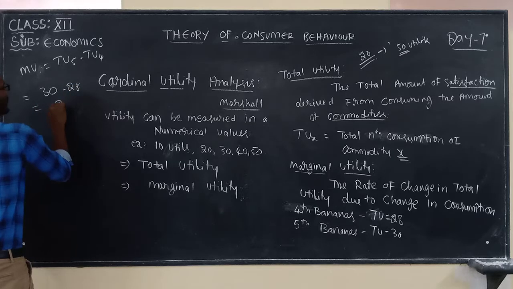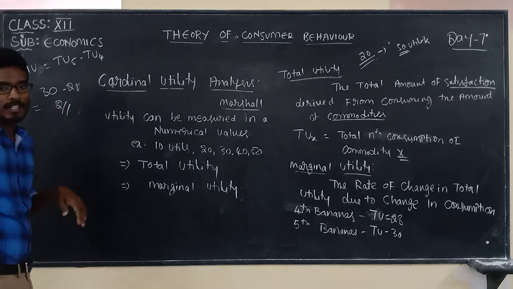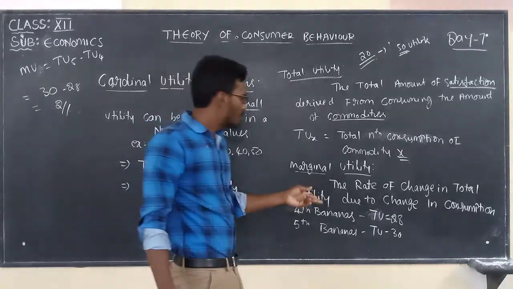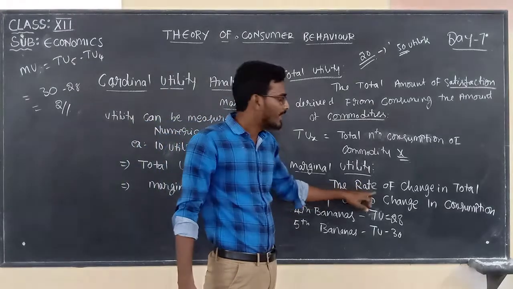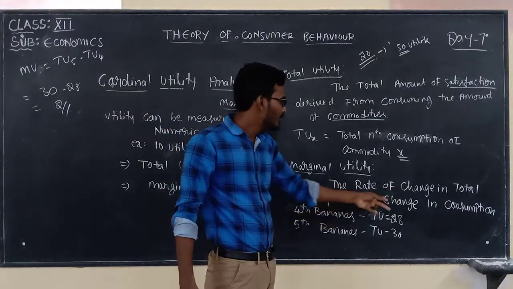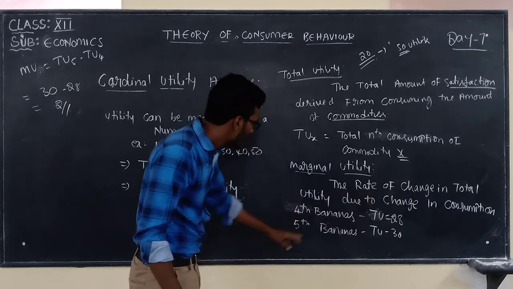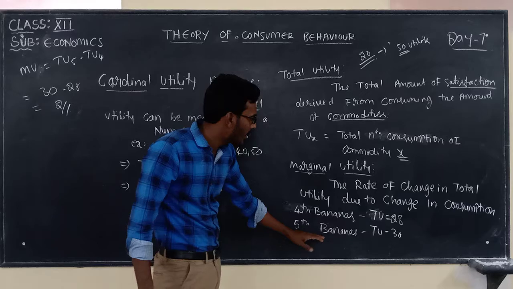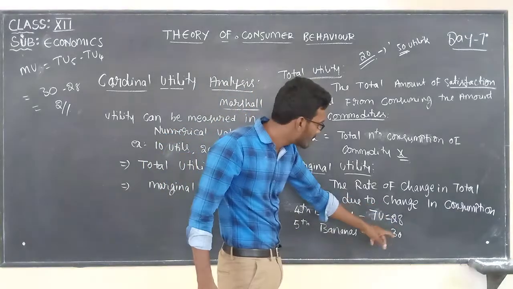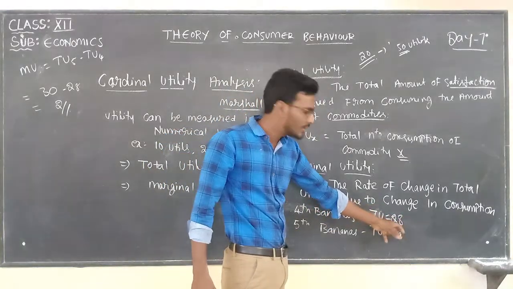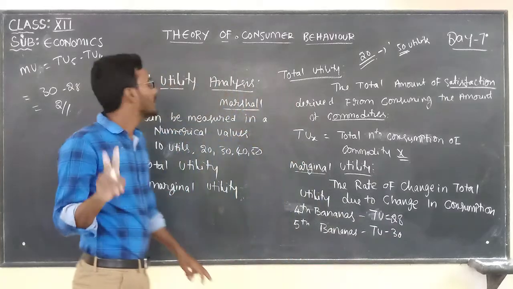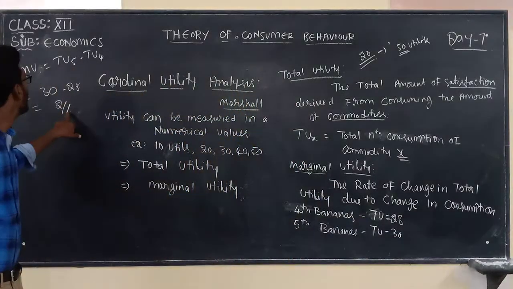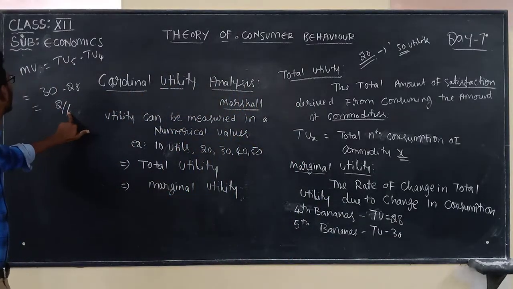So what is the remainder? 2. Here 2 will be the marginal utility. You can observe the definition once, right? The rate of change in total utility due to change in consumption. Here the consumption increases from the 4th banana to the 5th banana, and the total utility increases from 28 to 30. So how much change here? Only 2. That 2 is known as marginal utility.